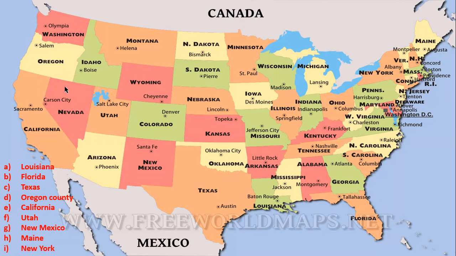Now let's mark. Louisiana is over here. Remember, these are states. So this entire territory is Louisiana. This is Texas over here.